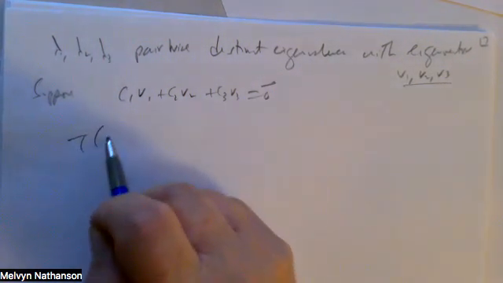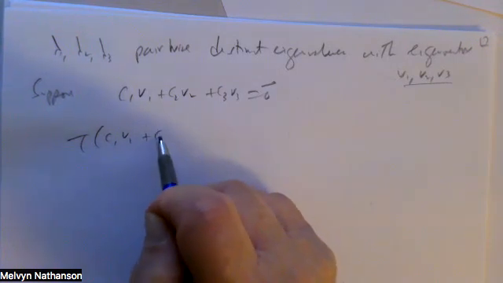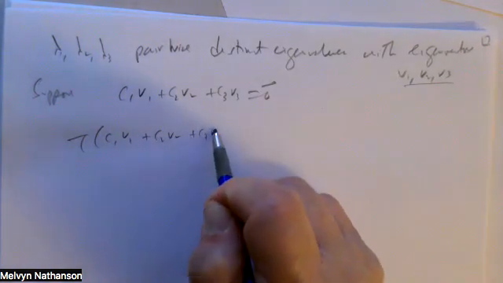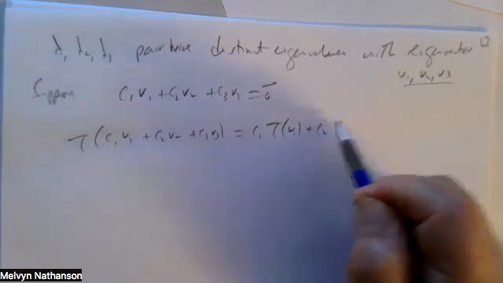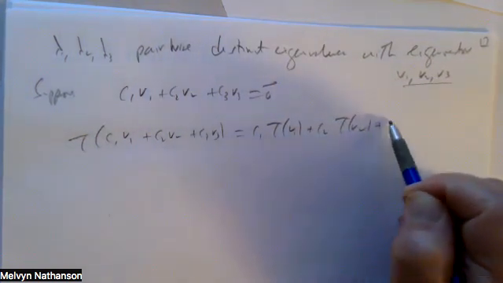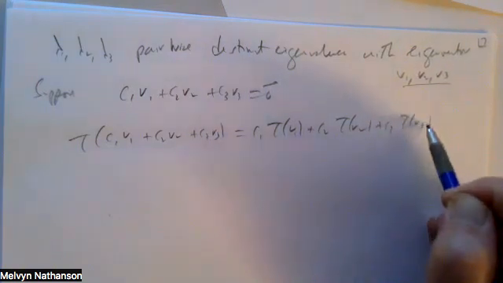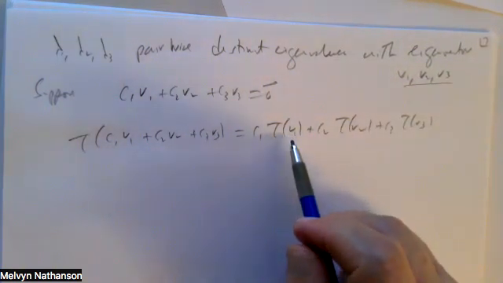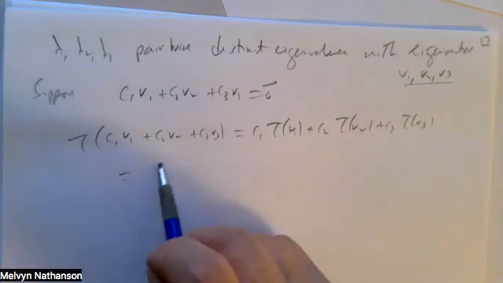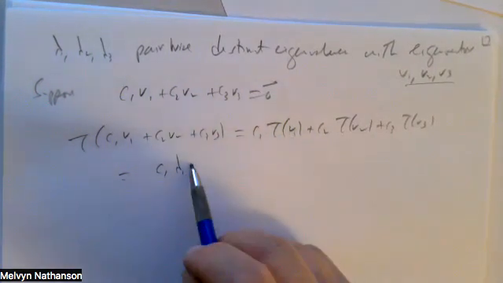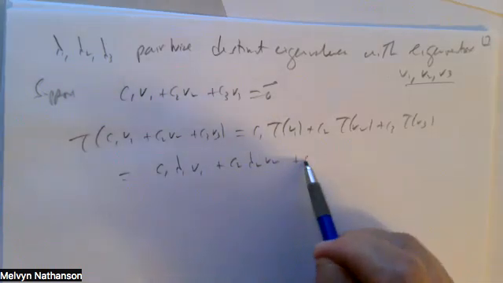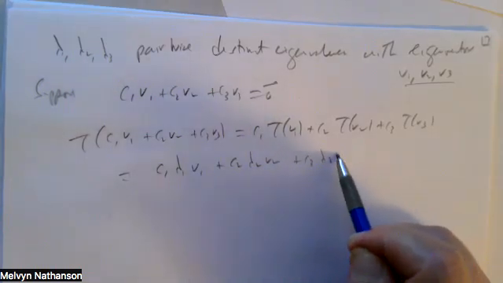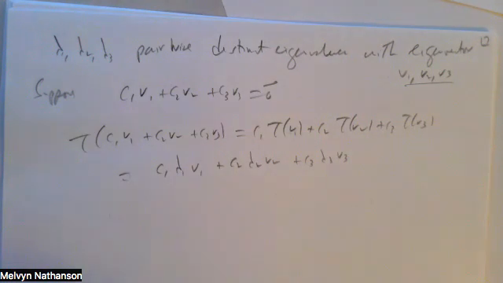Then T of (C1 V1 plus C2 V2 plus C3 V3) is C1 T of V1 plus C2 T of V2 plus C3 T of V3. But the V's are eigenvectors. So this is C1 lambda 1 V1 plus C2 lambda 2 V2 plus C3 lambda 3 V3.